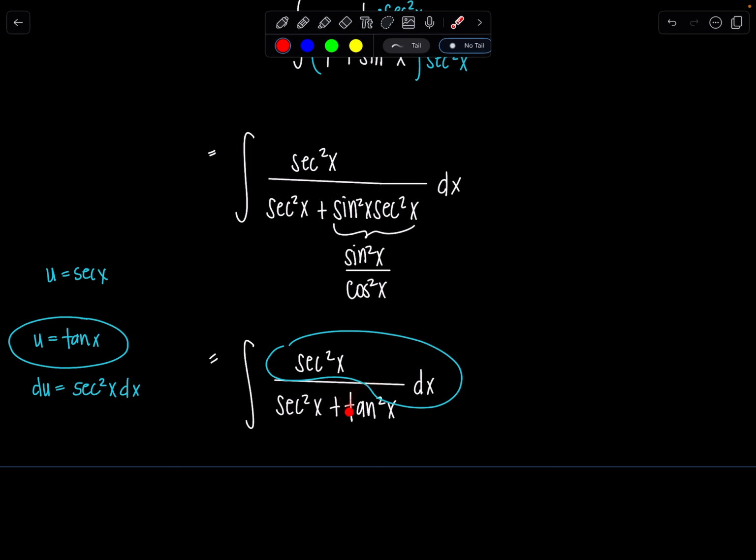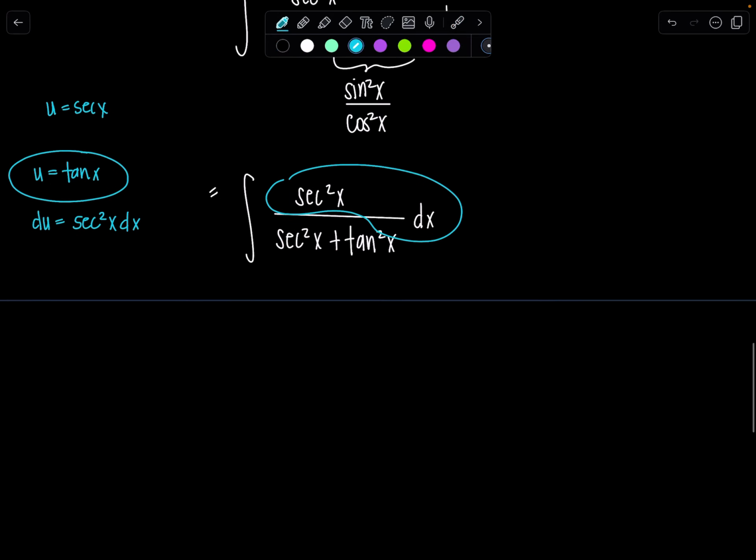This will be u squared. And then I need to rewrite secant squared x in terms of tangent. That way I can make the complete u sub. So let's go ahead and do that. It's not too terrible. We're going to have integral secant squared x. I'll just put the dx up there with it. Why not? And then remember your Pythagorean identities.